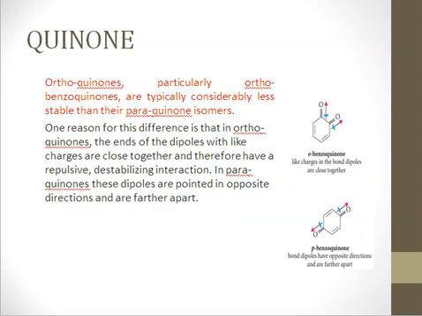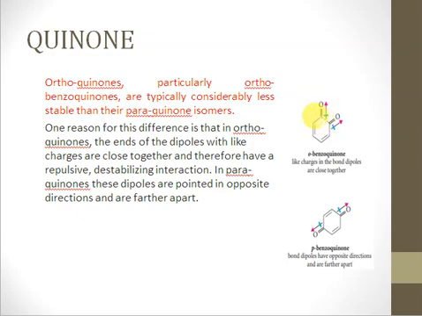Firstly, about ortho-quinones. Ortho-quinones are in general considered less stable than para-quinones. We must know the reason why they are comparatively less stable. If you look at the dipoles here, there are two polar bonds in very close vicinity, and you can see that the ends of the dipoles have like charges: this carbon is partially positive, and similarly this carbon is also partially positive.